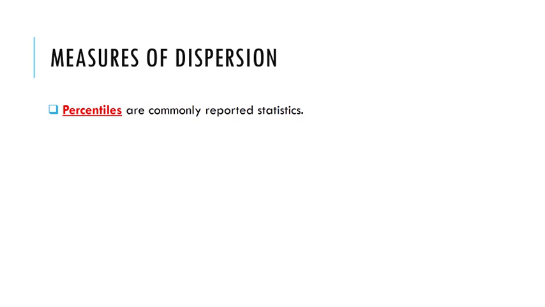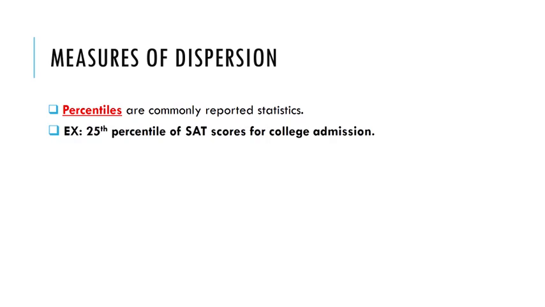Another measure of dispersion that you're familiar with is percentiles. Percentiles are commonly reported statistics. For example, you might see something about the 25th percentile of SAT scores for college admissions. Well, that's a percentile.